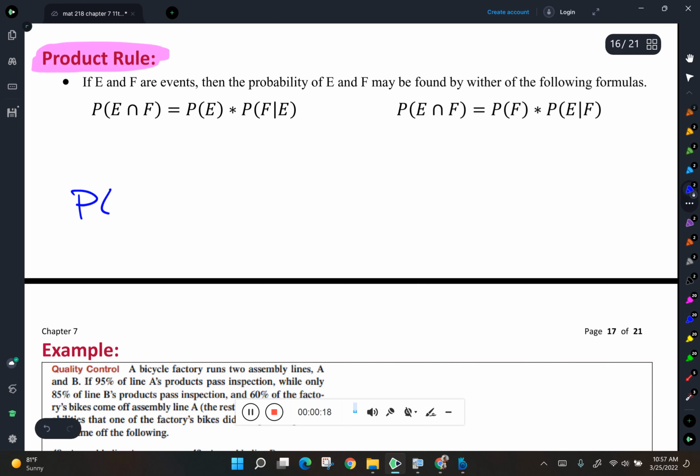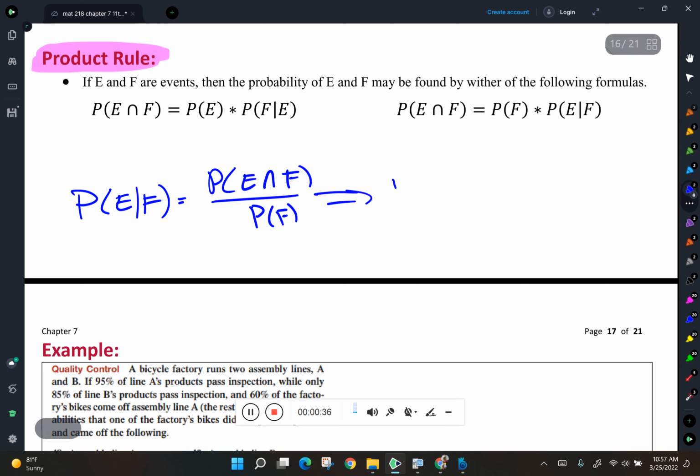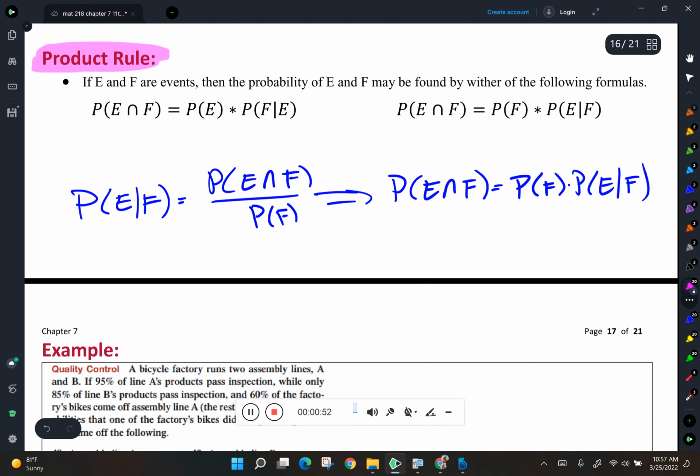The conditional probability rule said that the probability of E given F was equal to the probability of E intersection F divided by the probability of F, but with a tiny bit of algebra that can be turned into the probability of E intersection F is equal to the probability of F times the probability of E given F. That is, if you know the conditional probability and a singular probability, you can use those two to find an intersection probability.